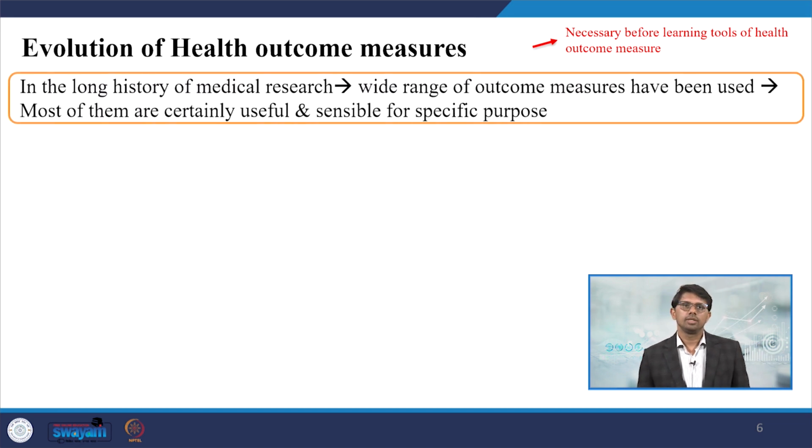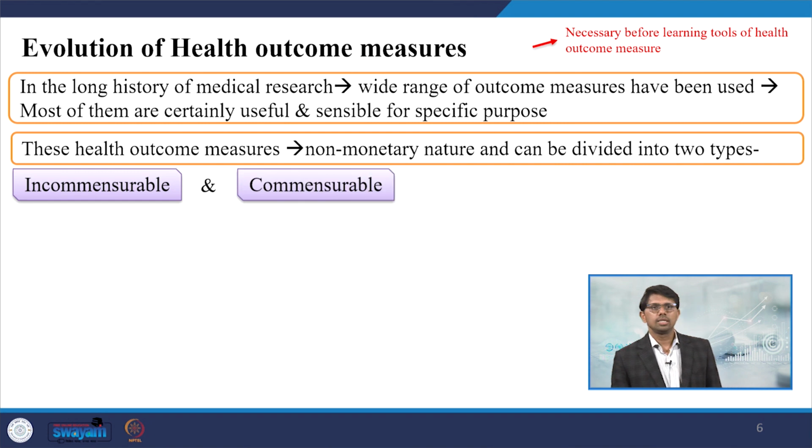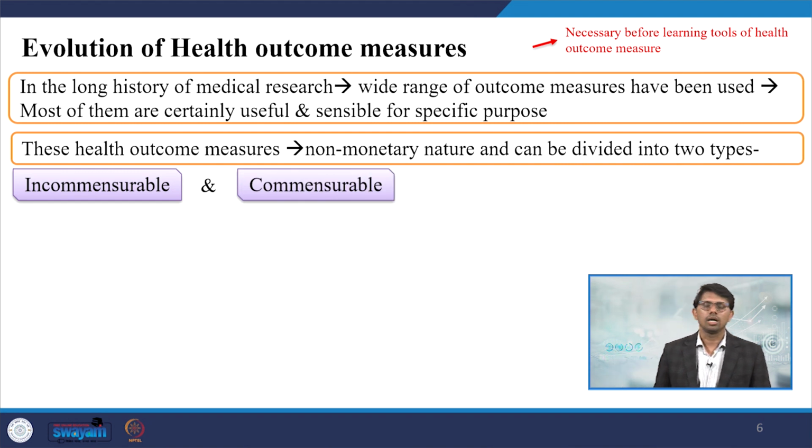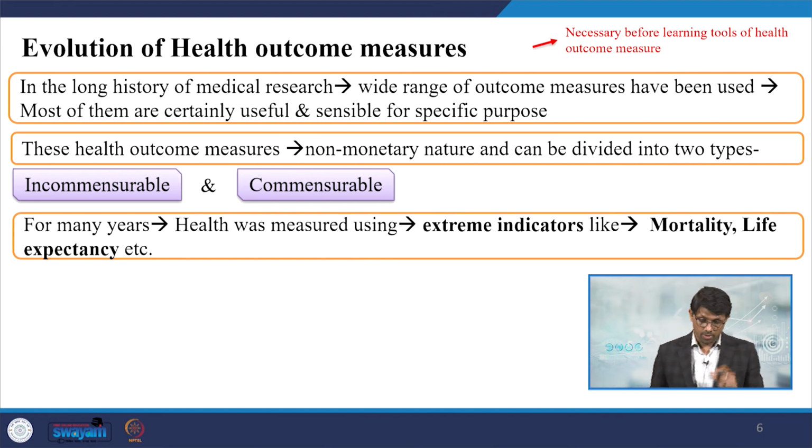In the long history of medical research, a wide range of outcome measures have been used. Most of them are certainly useful and sensible for specific purposes. These health outcome measures are largely non-monetary in nature and can be divided into two types: incommensurable and commensurable.